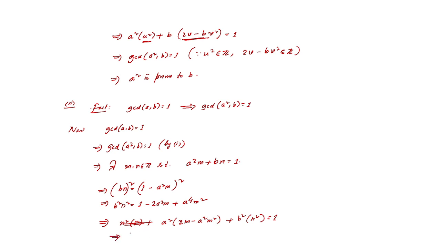So that implies GCD of A square, B square equals 1. Why? Since 2m minus A square m square is an integer and n square is also an integer. So that means A square is prime to B square. So again we have proved the second part of the question.